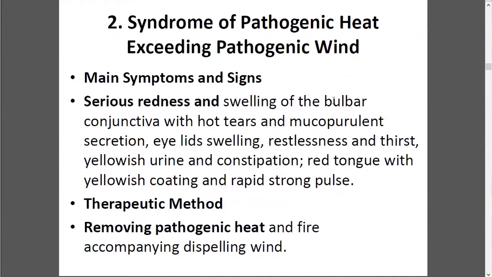Let's see what the problems are. Locally, there is still swelling, and still tearing, but that kind of tear is a little bit hot, and in the mucosa part there is still some pus. Even the eyelids are swollen. So those are the local symptoms.